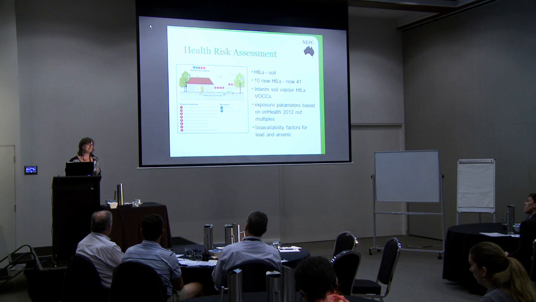But there are some areas, for example in Victoria, where there is a lot of information on the specific type of arsenic that's present in the soils. These are in the old gold mining areas, and you would be able to vary the HIL, the bioavailability, to reflect that. Otherwise, we assume 100% bioavailability, so a conservative approach.